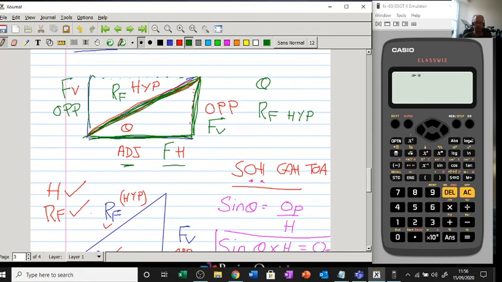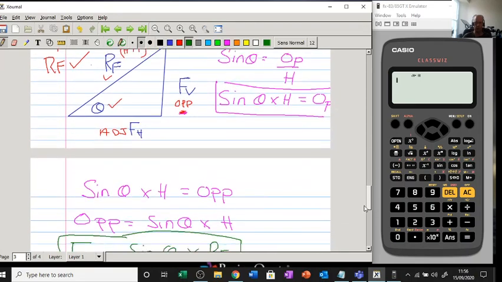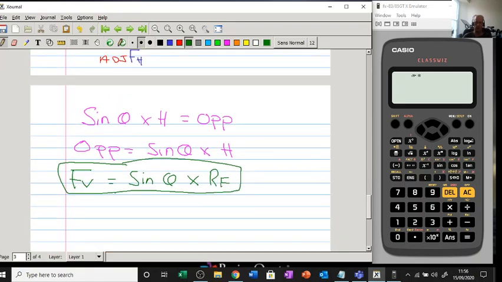So if I've got a resultant force and I want to find the vertical component, FV is going to be the resultant force times by sine of the angle.